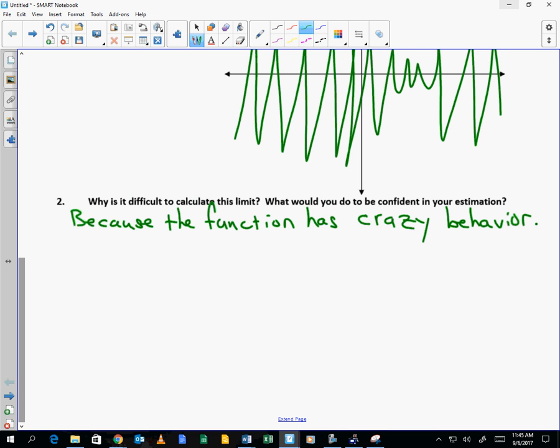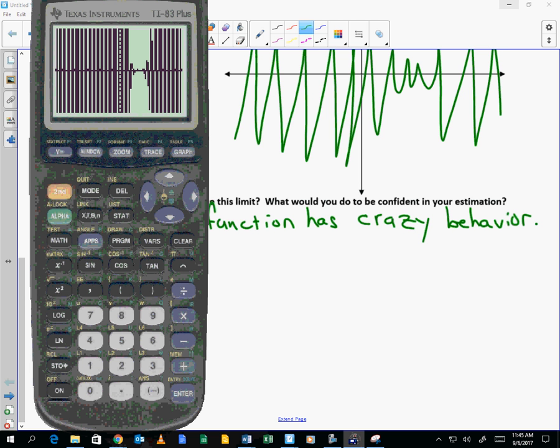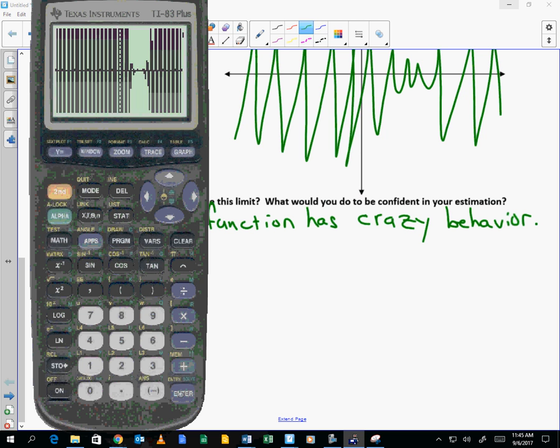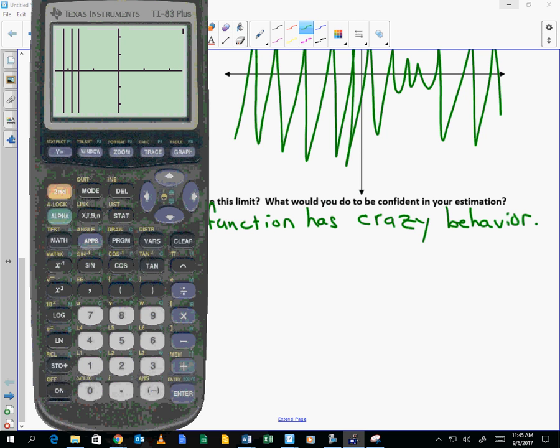If we want to find out what happens as x gets close to 0, what should we do? You want to zoom in. Okay, let's do it. I'm going to grab number 2, and I'm at 0, 0. I'm going to zoom in. All right.